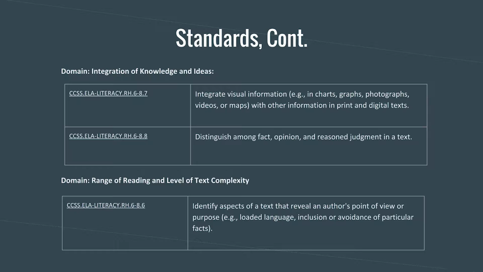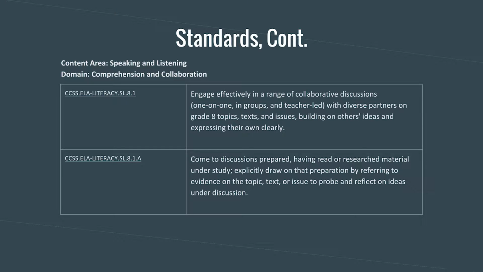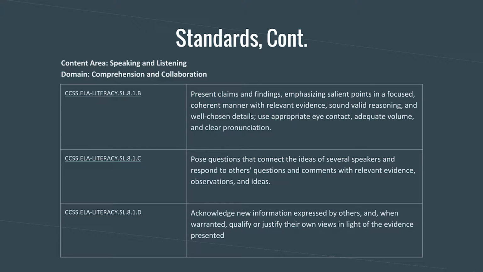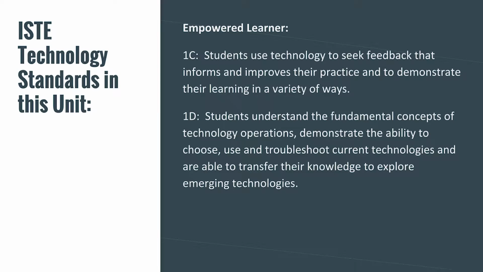So a big focus in this unit is going to be on point of view or opinion versus fact and reporting things as they are. And again, we got into reading level text complexity as more of these standards that we're going to be covering. So in speaking and listening, we're talking about presenting claims and findings, we're posing questions, and we're definitely debating with one another. So that covers a lot of these standards that are being listed here.